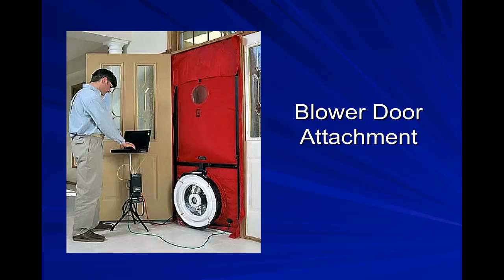In this case, we would then need to walk around the building with most of the time a type of smoke generator. It's not really smoke, or it can be. And we're going to put this near where the suspected leaks are. If we see the smoke moving or being drawn in a particular direction, we'll see that this is an opportunity for repair, some sort of sealing of it.